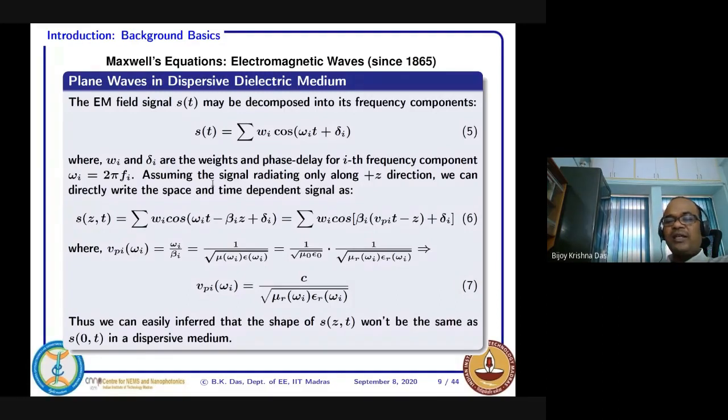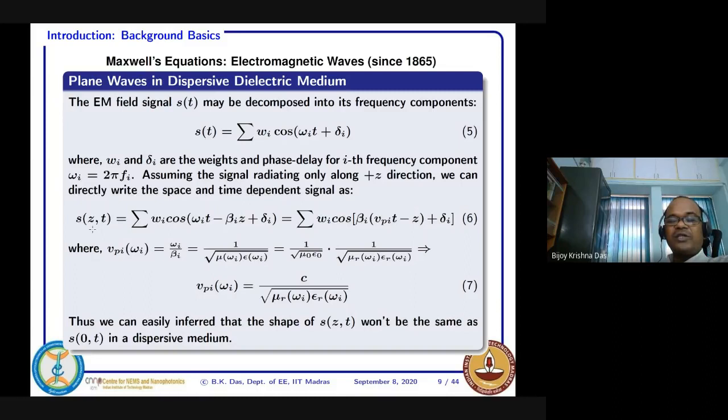So assuming this signal radiates only along the positive z direction, let us forget about what is going on in the negative direction. In the negative direction it can propagate, but we are assuming that somehow it is blocked, through a boundary condition you have created. So we can directly write the space and time dependent signal s(z,t). This is at z equal to 0.